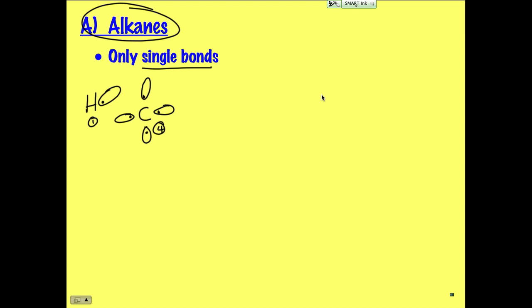But the simplest hydrocarbon is this one with 1 carbon and 4 hydrogens. That's the simplest hydrocarbon because you've got 1 carbon and then you just fill in whatever there would be for hydrogens. Remember that every carbon can have 4 bonds, and then we can just fill them in around.